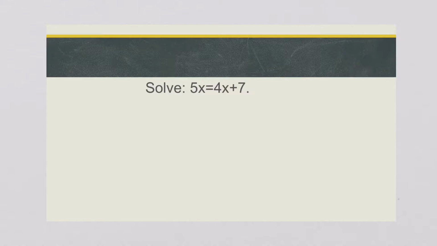Okay, so I want you to take a look at this problem right here. 5x is equal to 4x plus 7. I want you to notice that you have a variable on both sides of that equal sign. You have to move one of them. If I were to move 5x, don't do this, I'm just showing you what would happen.